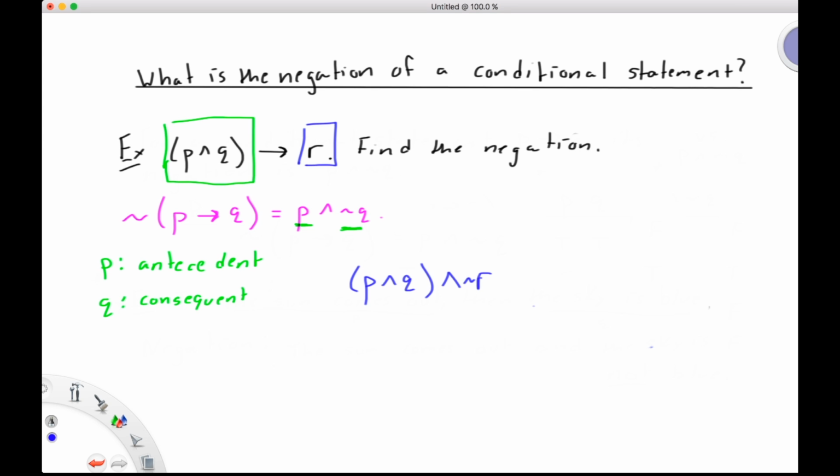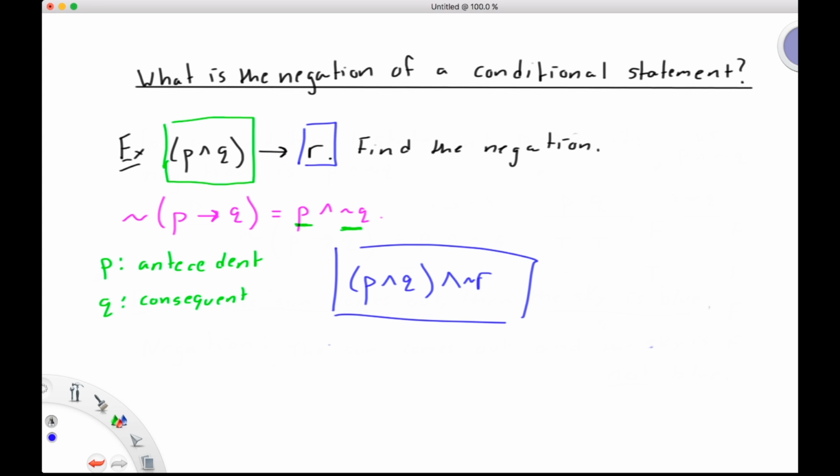And so when we take the negation of our conditional, we'll use the antecedent as it is, P and Q, and the negation of the consequent. And so in this case, the negation of R. And so these two statements would be opposite of each other. They would be each other's negation.